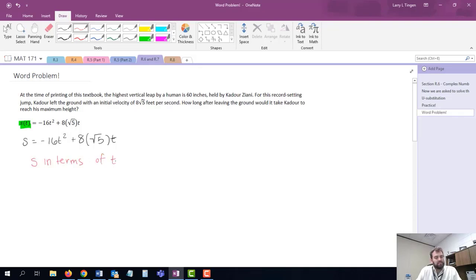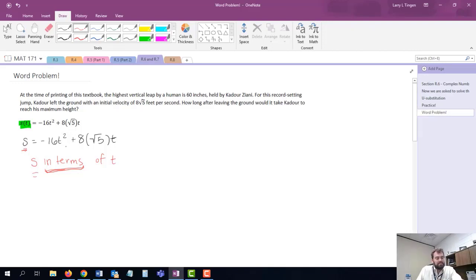Now that just sounds like something someone says in math class and we all ignore, but look at what I've got. Remember, terms are separated by pluses and minuses, and in terms of t means I have terms, things that are separated by pluses and minuses, with t's in them. Is that what I have on the right-hand side?